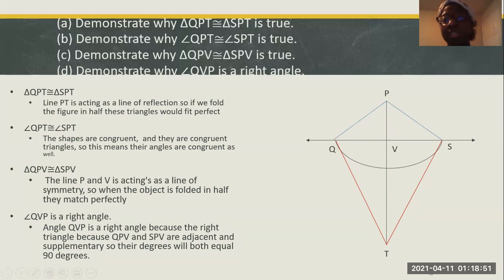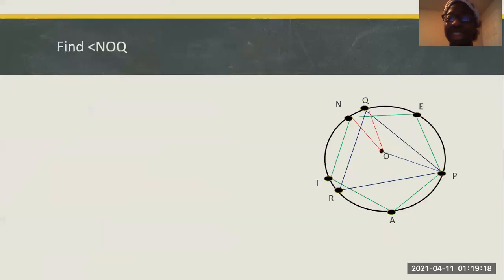So PV is a straight line and it's acting as a transversal to PVT and then QVS. So with these two lines, it'll make a right angle. That also means that PVS is a right angle as well. And there you go. I need to move that triangle over, but that's the idea.